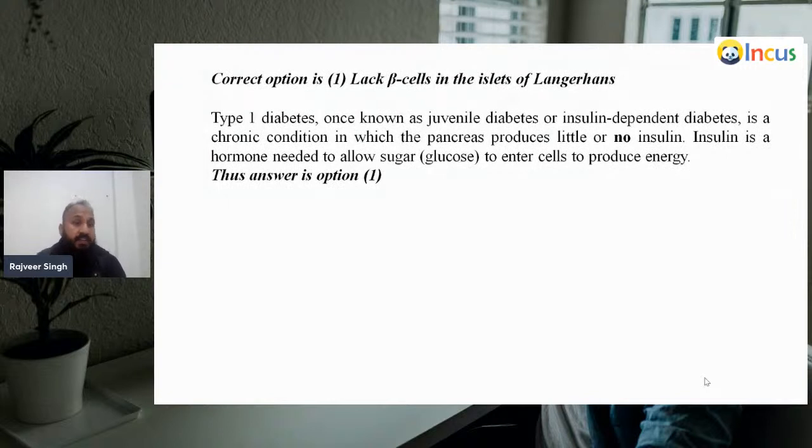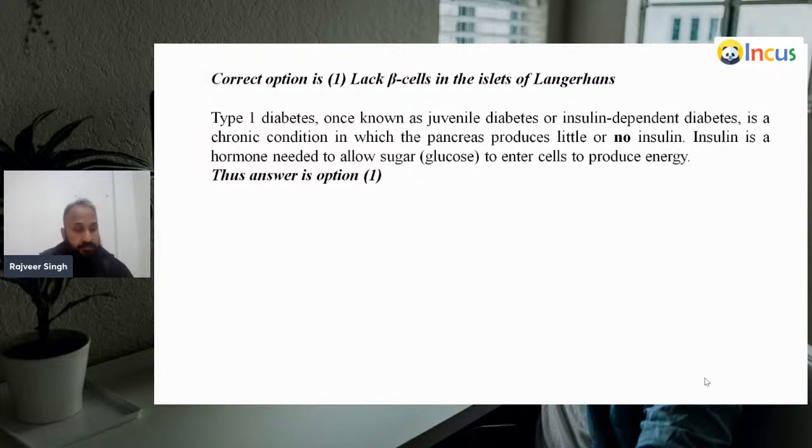Because type 1 diabetes, once known as juvenile diabetes or insulin-dependent diabetes, is a chronic condition in which the pancreas produces little or no insulin. Insulin is a hormone needed to allow sugar glucose to enter cells to produce energy. So that is why our answer is the first.